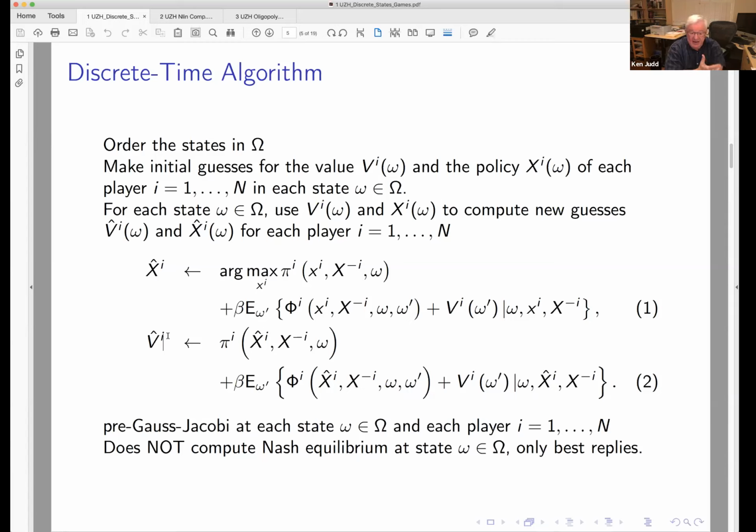No, I'm just updating firm i's decision and value, holding fixed everybody else's. So this is like a Gauss-Jacobi kind of approach to solving the nonlinear equations. So now we order the states omega, but then also when we get to a particular omega in our list, we then update firm 1, firm 2, firm 3.